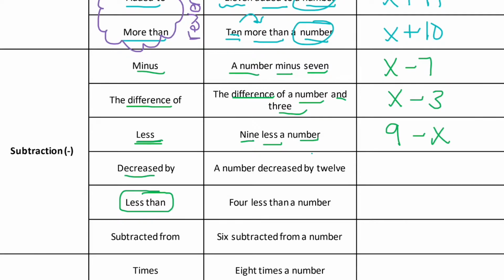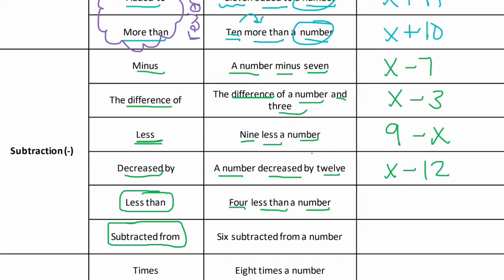Decreased by, that's the opposite of increased. If something is decreased, it's getting smaller. So a number decreased by 12, X minus 12. Here we come to our two that we need to worry about reversing. Less than and subtracted from. Just like more than and added to, okay? 4 less than a number.